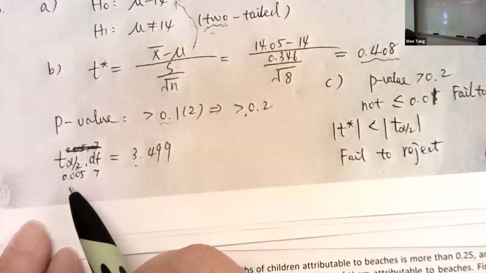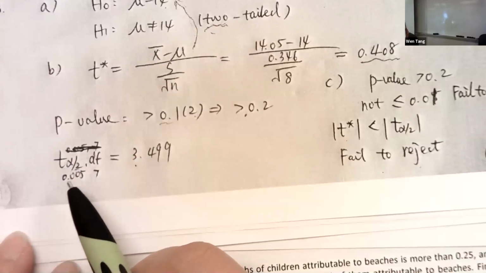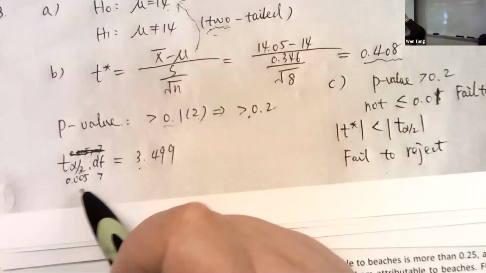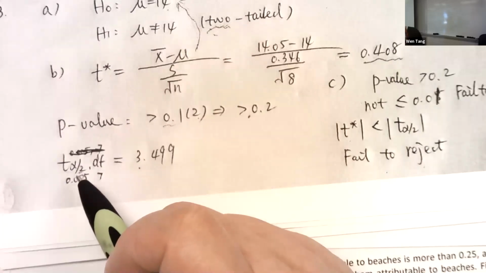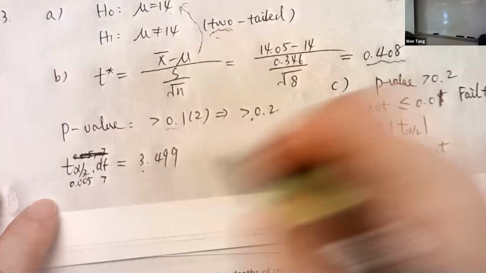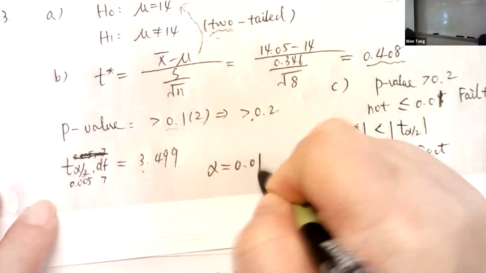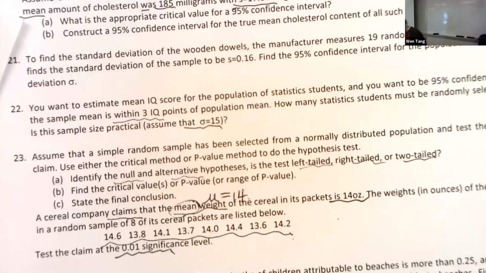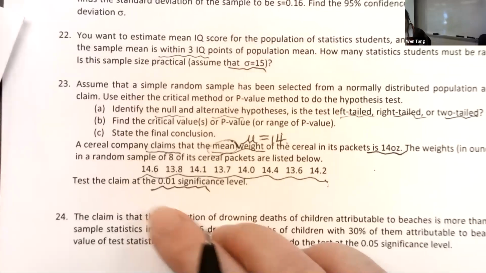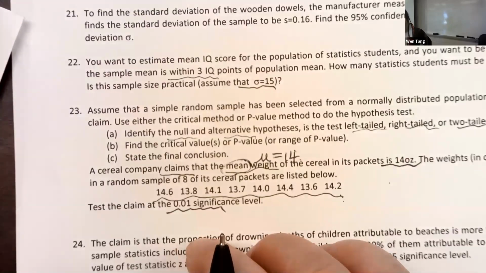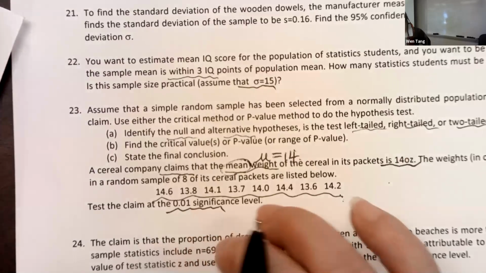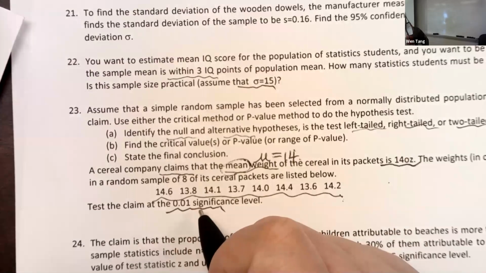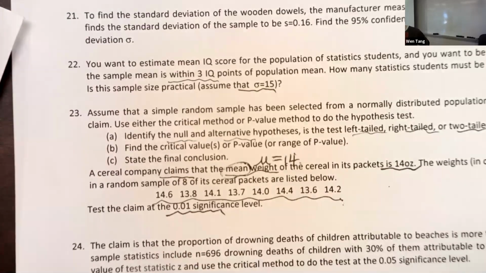Here I use the correct one: alpha is 0.01, so half alpha is 0.005. That's how I get the half alpha. I didn't see this sentence earlier. So if you cannot see the significance level, then you choose alpha as 0.05. If you have a specific significance level, just use that significance level.